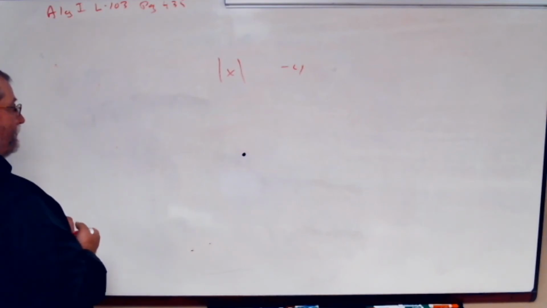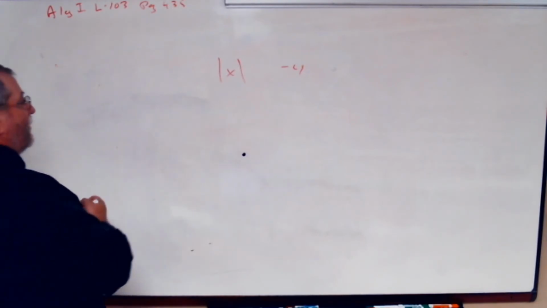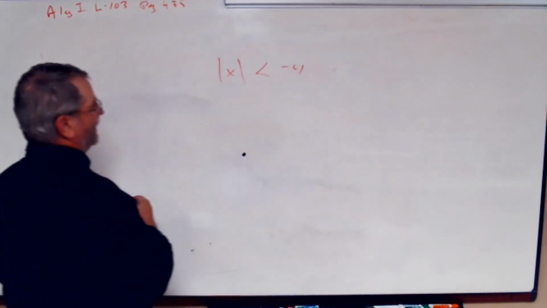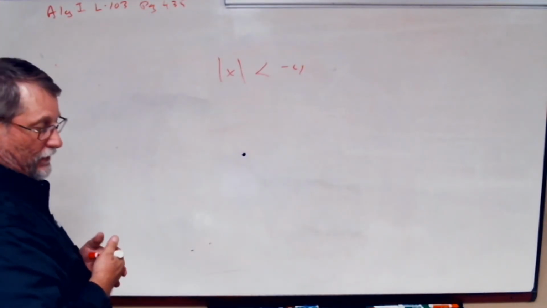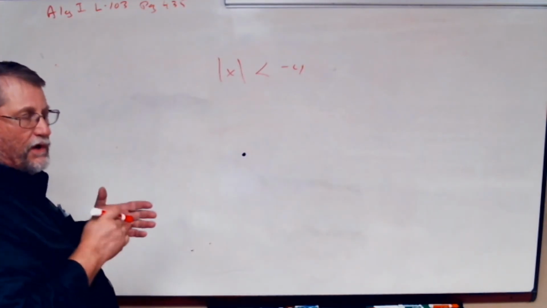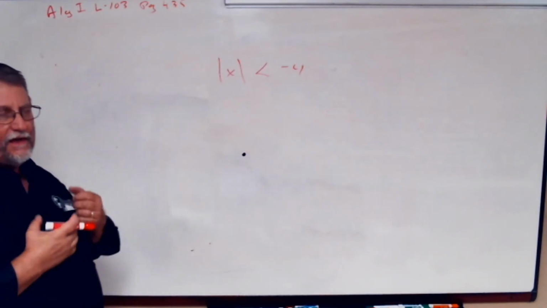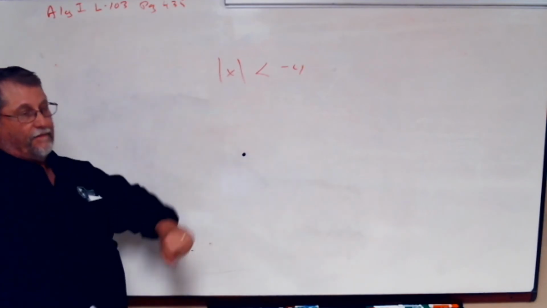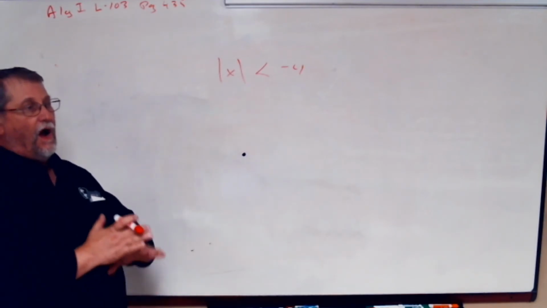How about this? Absolute value of x is less than negative 4. Now, before you get fancy, before you do anything, you got to listen to me. You got to watch this. What kind of number comes out of here? Positive.